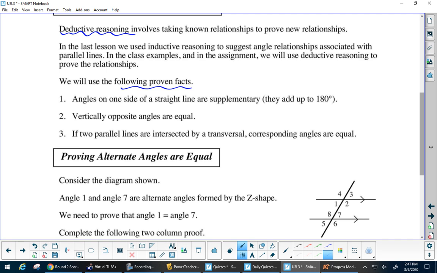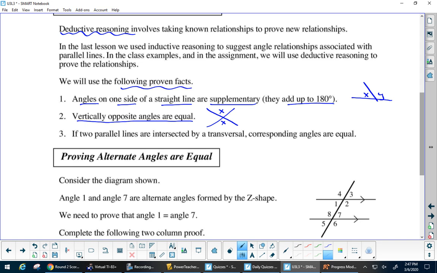Now, angles on one side of a straight angle or a straight line are supplementary. They add up to 180. Okay? So that's saying that if you have a line, x plus y must add up to 180. That is a fact. Vertically opposite angles are equal. If you got 2, then this equals this.